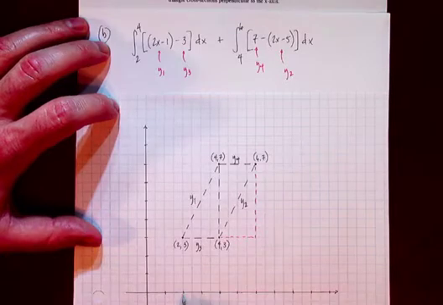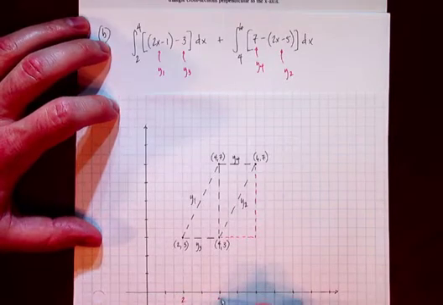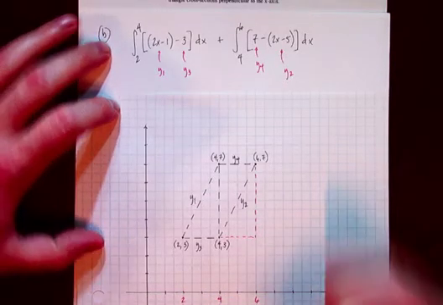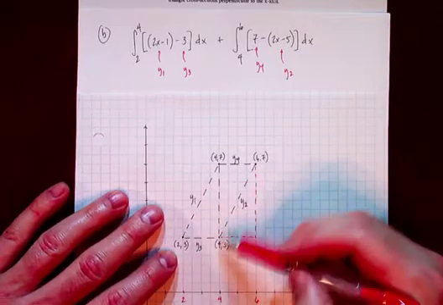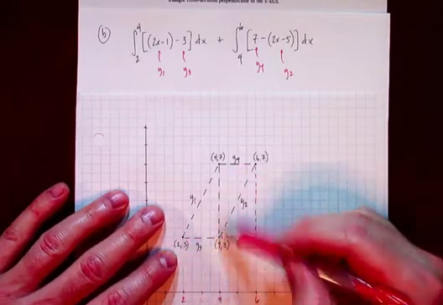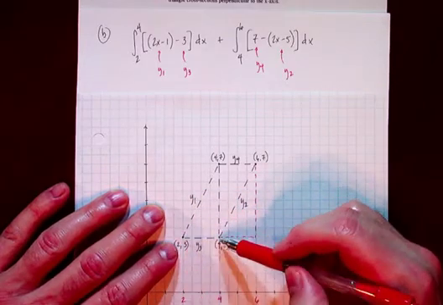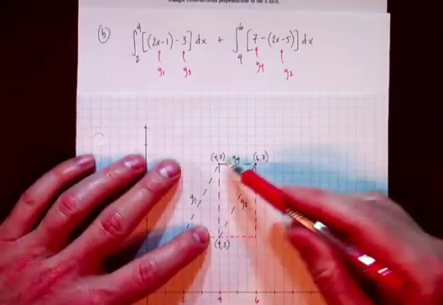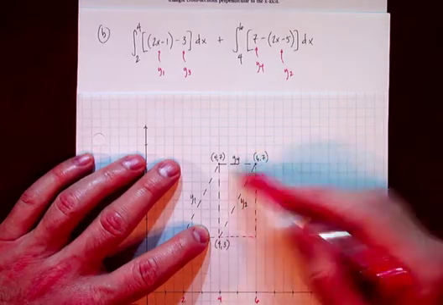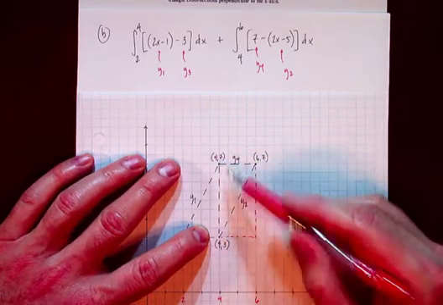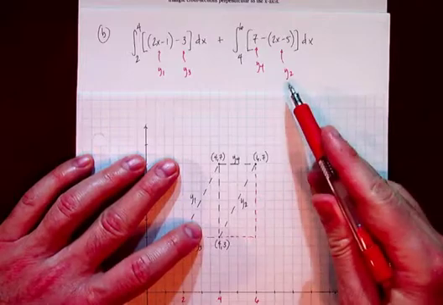From 2 to 4, and then from 4 to 6. So from 2 to 4, I'm basically doing the area of this triangle by integration, y1 minus y3 over that interval, and then from 4 to 6, it's going to be y4 minus y2, the constant function minus the linear function, from 4 to 6, and that's exactly what I have up here.